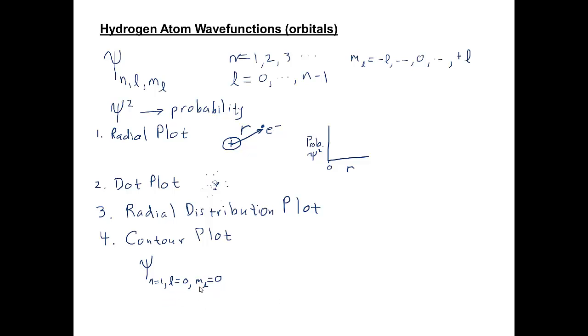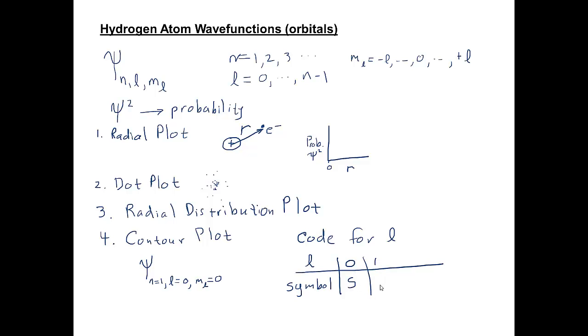Now there are lots of numbers here, and so chemists have come up with a code to use for the L values. I'm going to teach you that code right now. We're going to list the L quantum number values as a little table here, and then we have a little symbol that we use instead of this number. When L equals 0, the symbol is s.